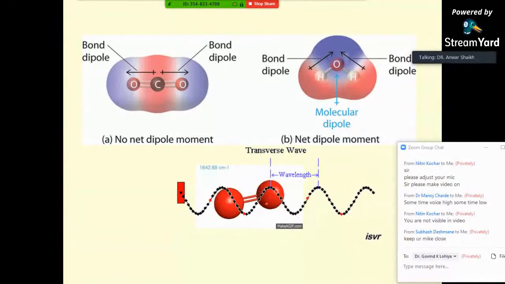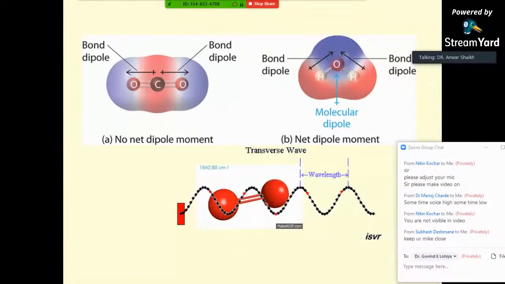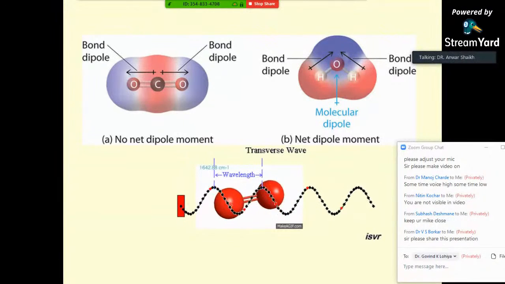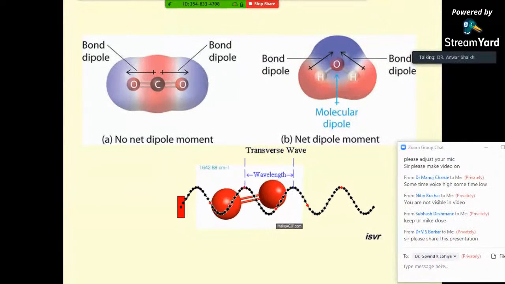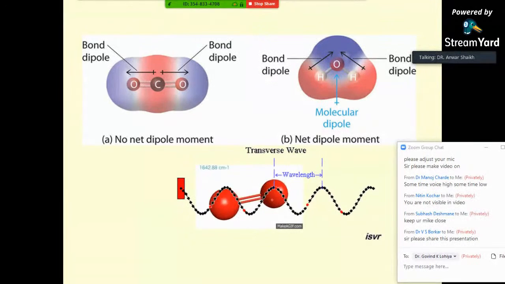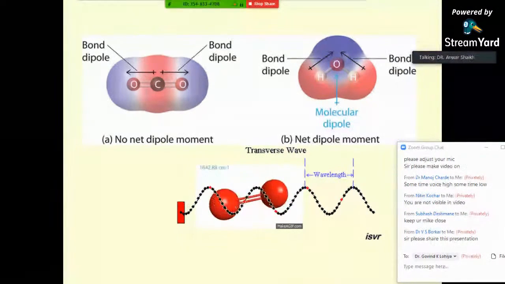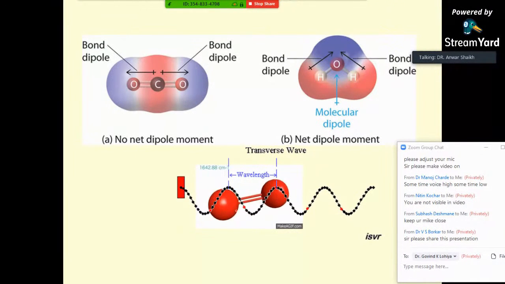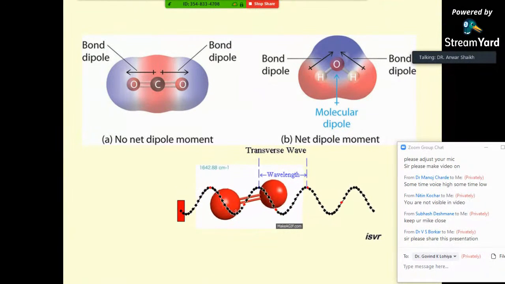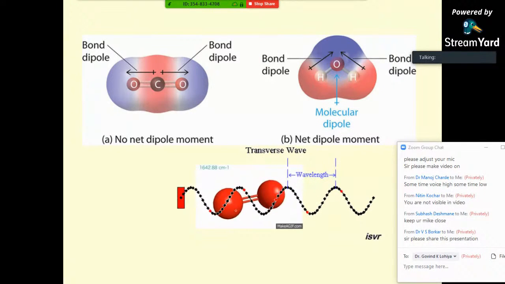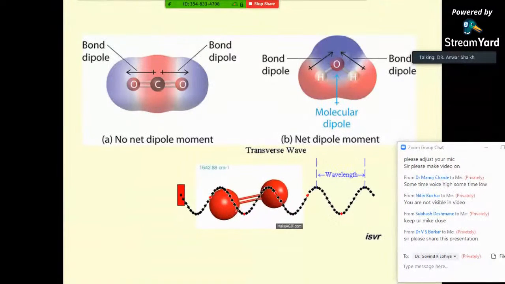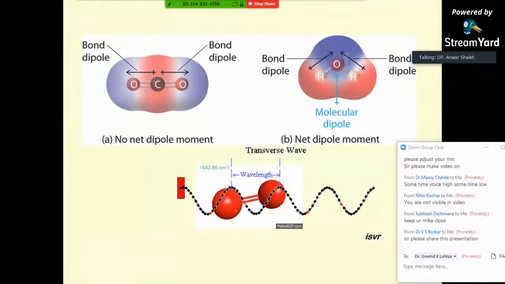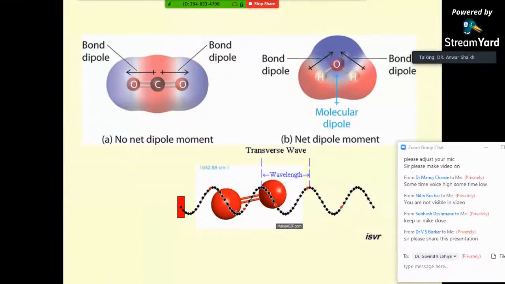No, only that wave whose frequency is equal to the frequency of the vibrating bond will cause vibration in this molecule. Resonance will take place, and that wave will be absorbed, while all the other waves from 670 to 4000 are transmitted, and the detector detects the missing waves, and on that basis the peak is observed.